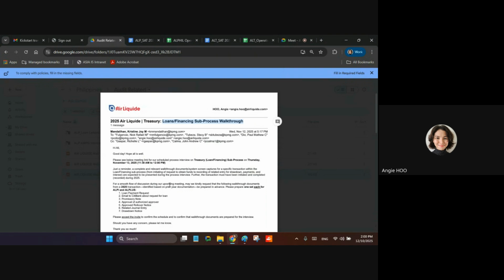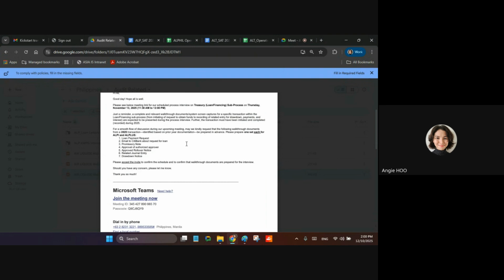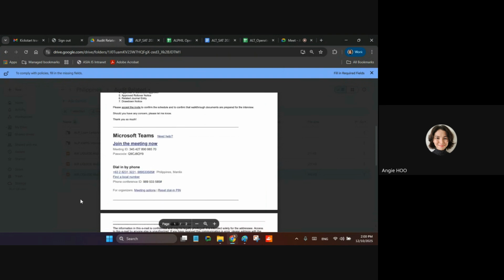During the session, they will ask us how it is done for the loan drawdown with external and then the intercore loan drawdown or repayment. They will have a meeting with our side here. So what you have to do is share with them what the process is like for now.